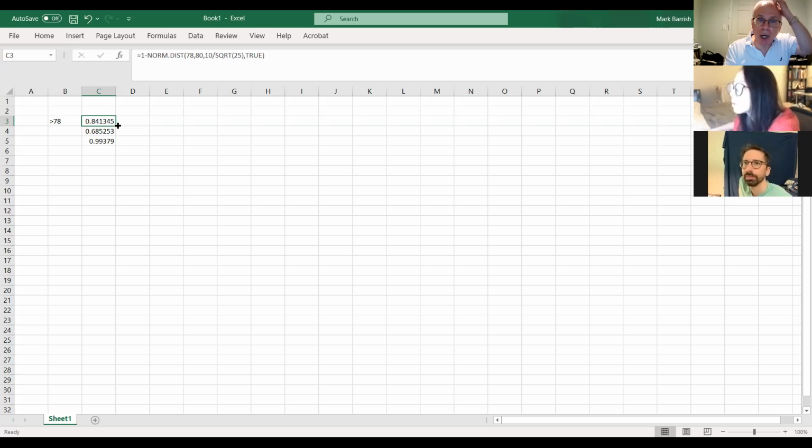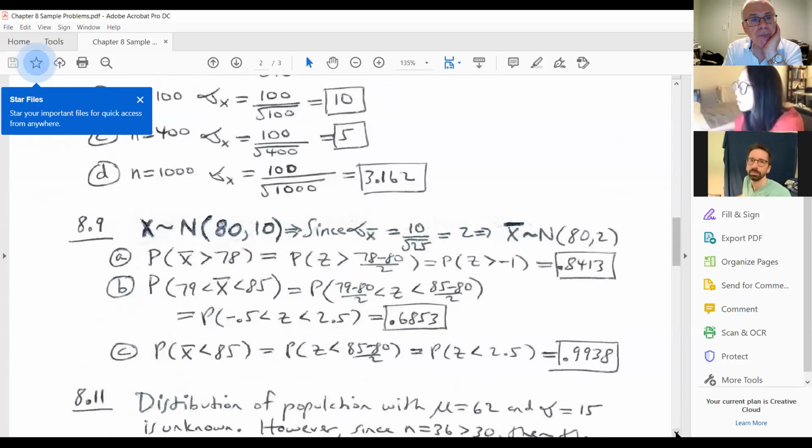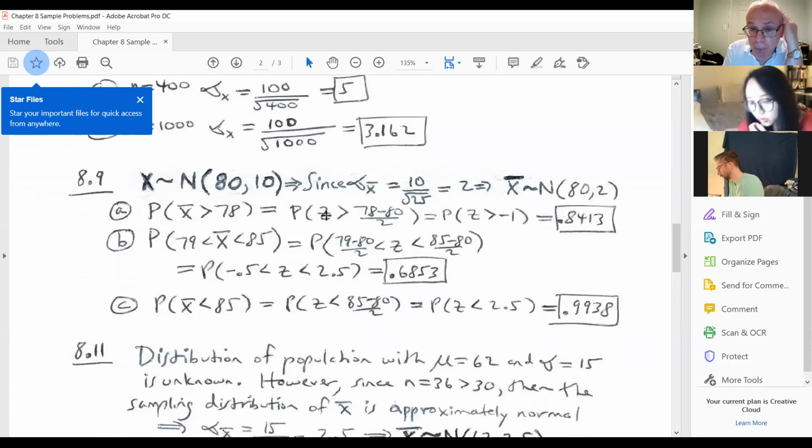Now this is of course how to do it in Excel. Let me just show you what I did using the calculator solution. In this form, I did 2 things. I showed you that X is normal.